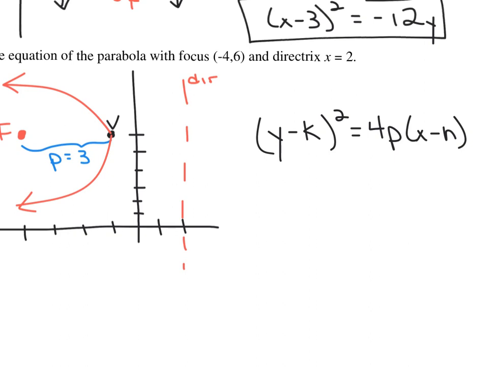So now your vertex is at -1, 6. Let me write that down. Which means your k value is 6. And your h value is -1.